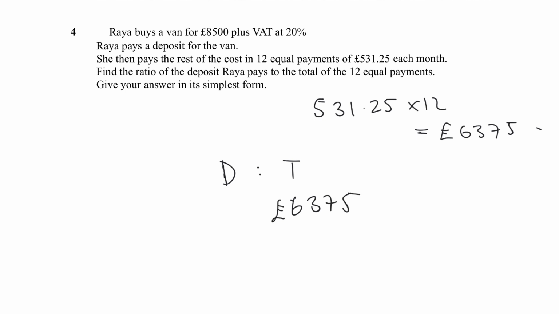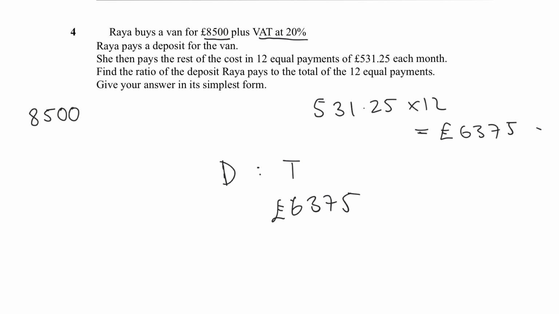Then to work out her deposit, bear in mind it says her van costs £8,500 plus VAT at 20%. So we need to add 20% of 8,500 onto that price. I'll show you both ways.